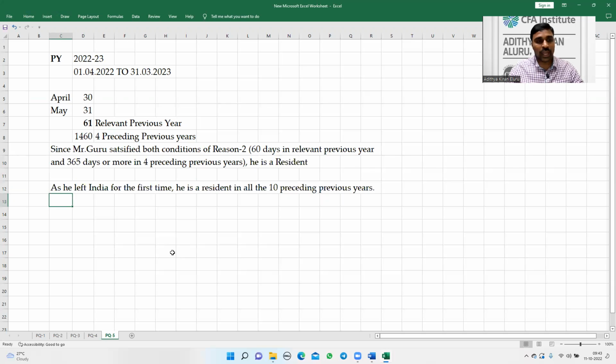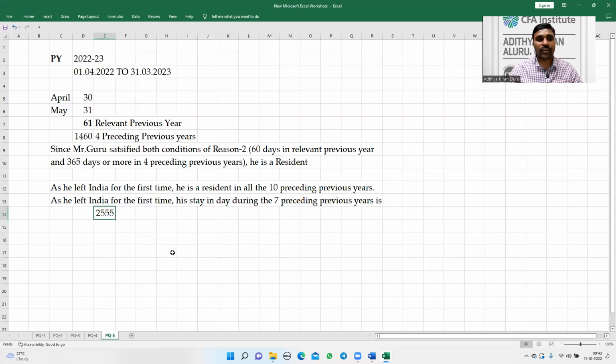No. As he left India for the first time, his stay in India during the 7 preceding previous years is 365 into 7, which is 2555 days, more than the required 730 days.